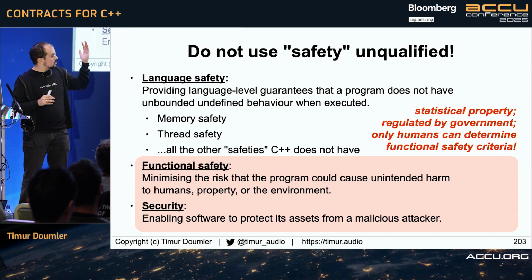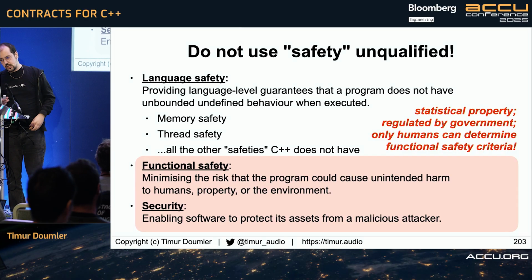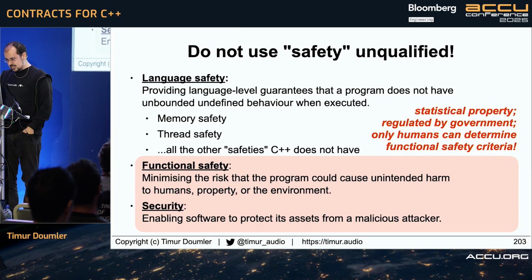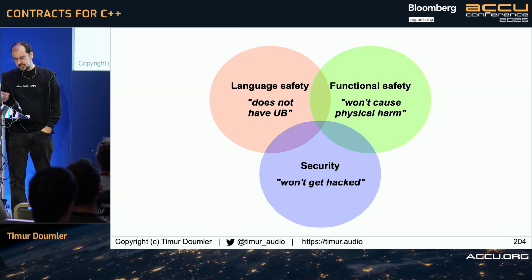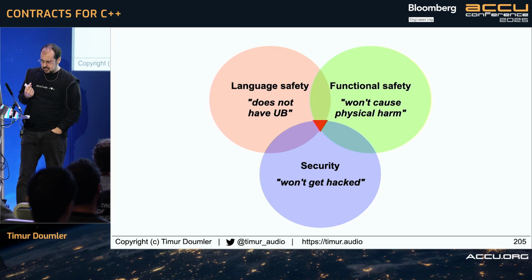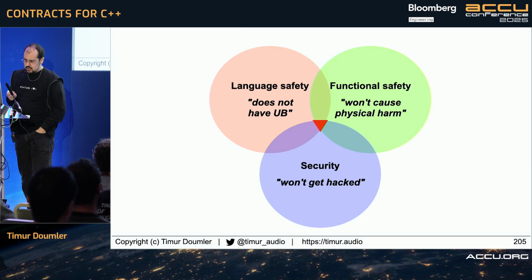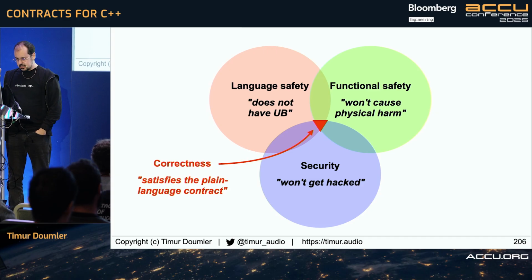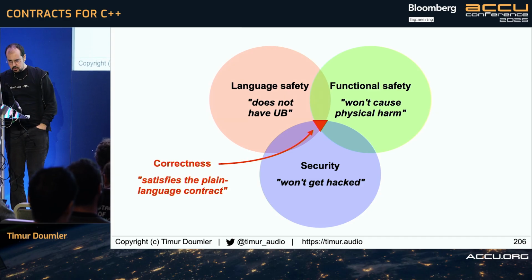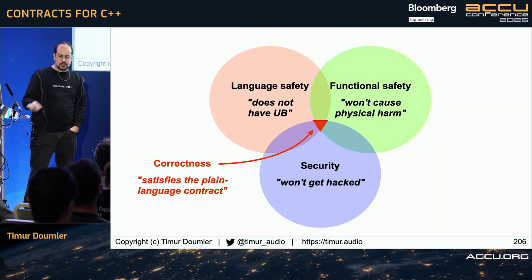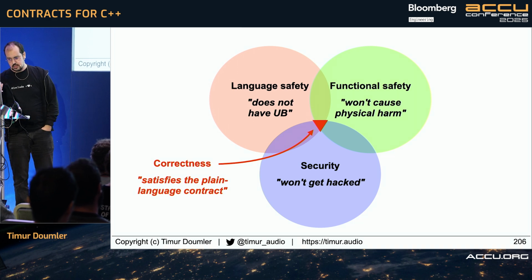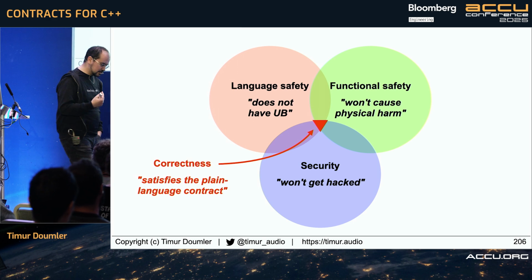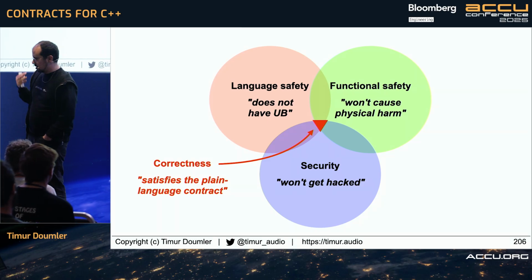So I suggest we use those terms properly. And actually, it's a little bit of a deeper topic. So we have language safety, functional safety, security, and then we have this intersection here. And this is really what contracts are targeting. This is correctness, right? If code is correct, then it has all of these properties. It doesn't have UB, it's functionally safe, it's secure, and contracts are a way to express criteria on when your program is correct.